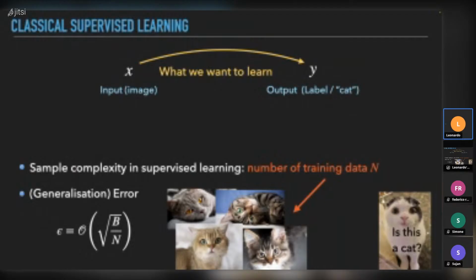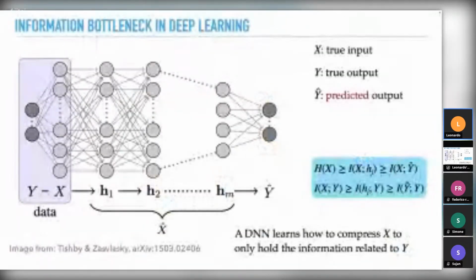It depends on the square root of the number of training data, and then some quantity P, which is a kind of effective dimension, which measures how complicated your problem is. If the number of data is much bigger than this effective dimension, then you can learn the problem easily.